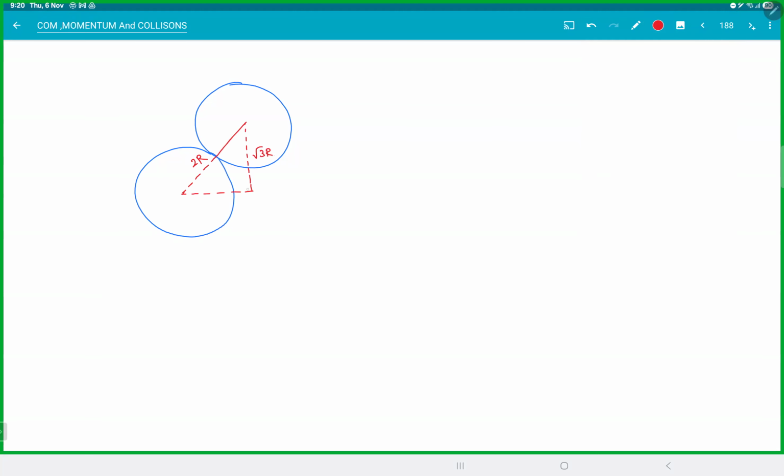This is root 3R. So this will be 60 degrees. Sine theta is root 3 by 2. This guy is going with u. This is also going with u.